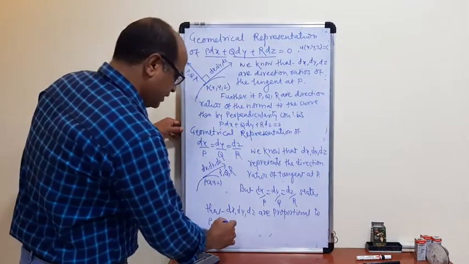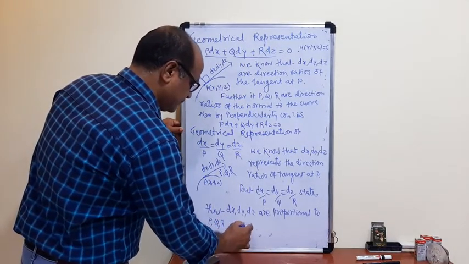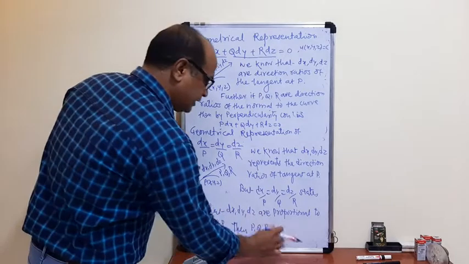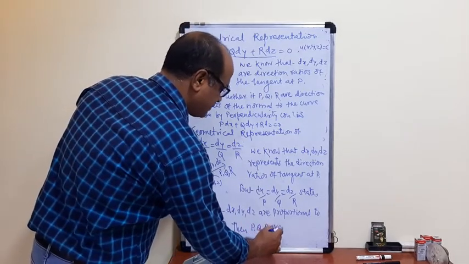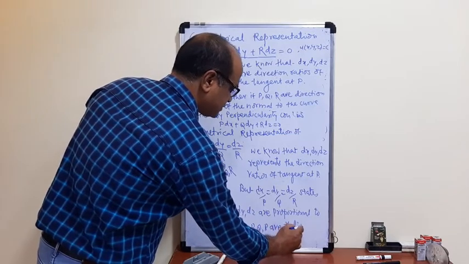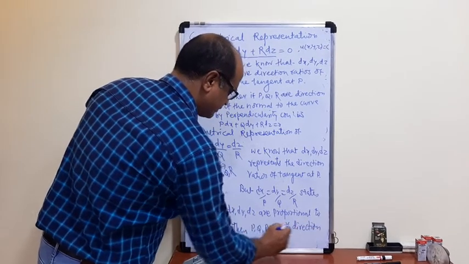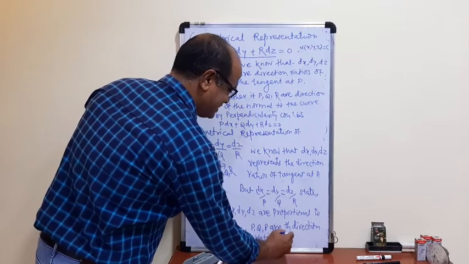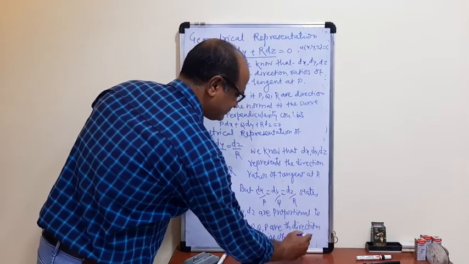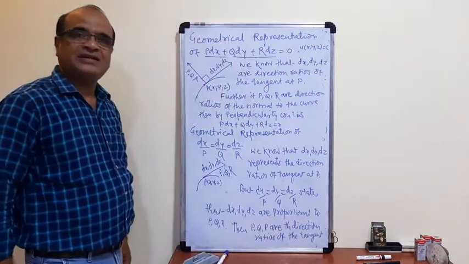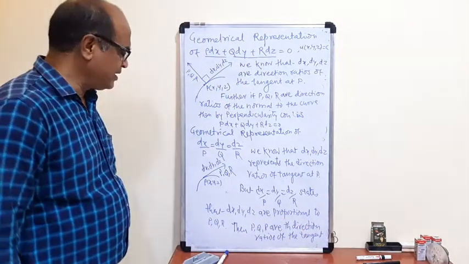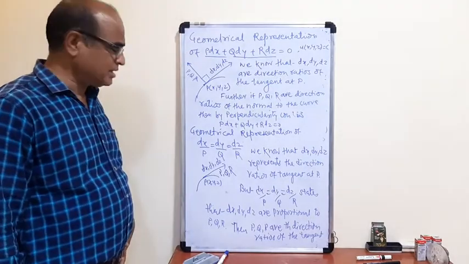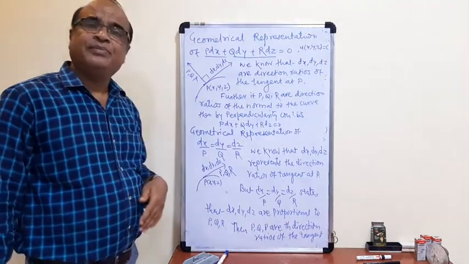Then P, Q, R are the direction ratios of the tangent at P. So these are the geometrical interpretations or representations of the total differential equation and the ordinary simultaneous differential equation.